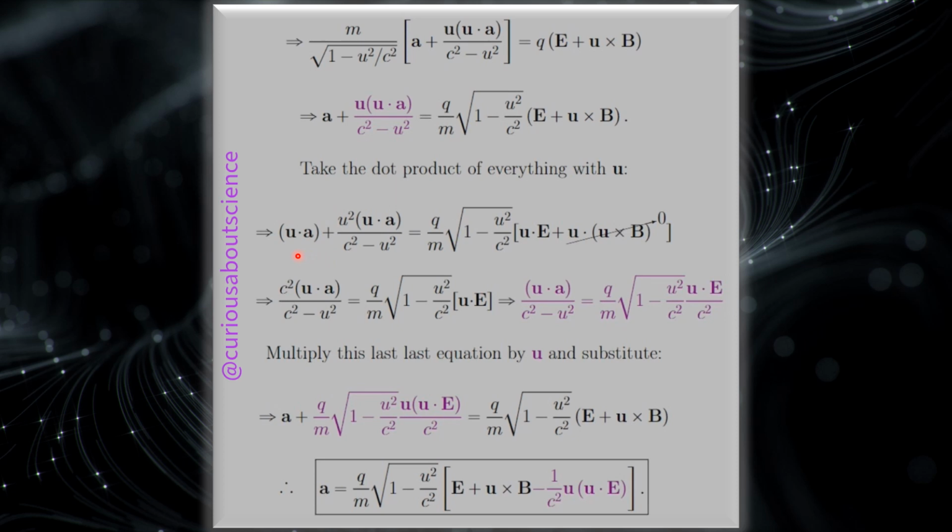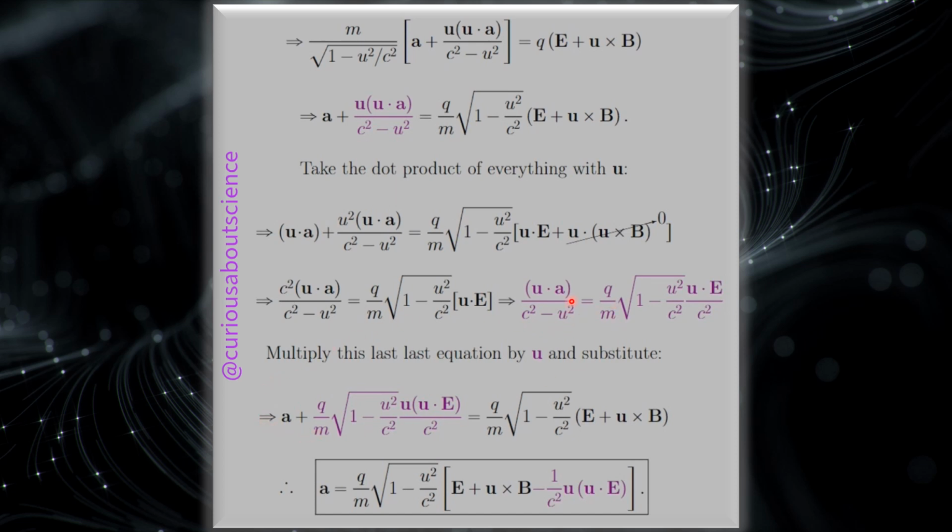Normal stuff, though the algebra is still gross. We still have to solve for u·a, so we divide by this numerator c², and that's where we get u·E and the c² here, and all of this needs to be pushed down into this expression.